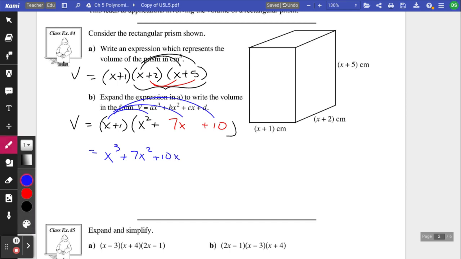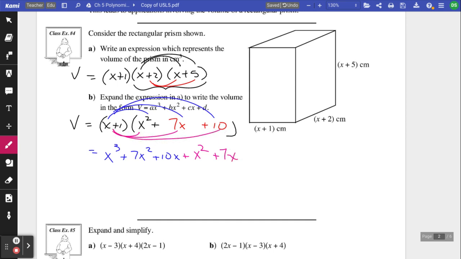And then we take the bottom, do the same thing. 1 times everything. Put your sign, your number, your letter. 1 times 7x. Put your sign, your number, your letter. 1 times 10. Put your sign, your number. And there are no letters.